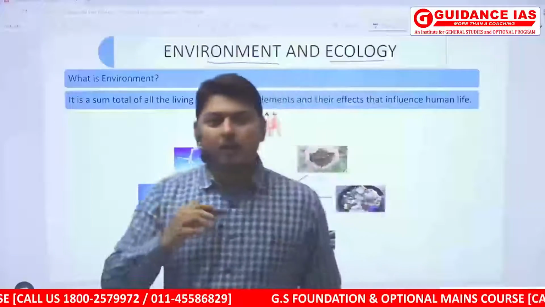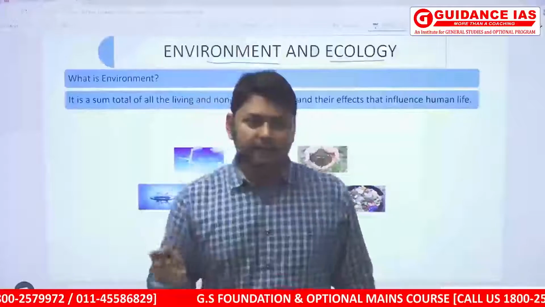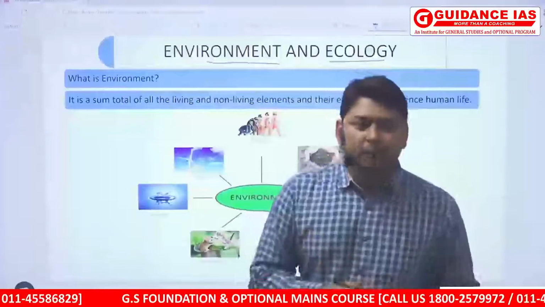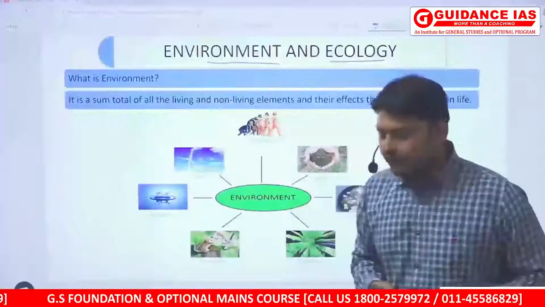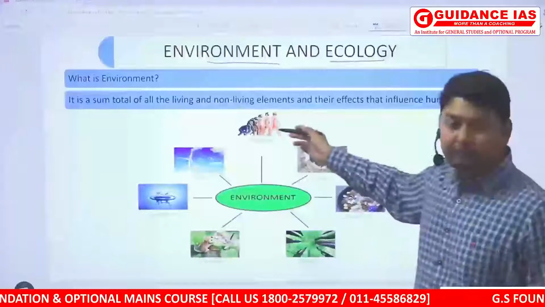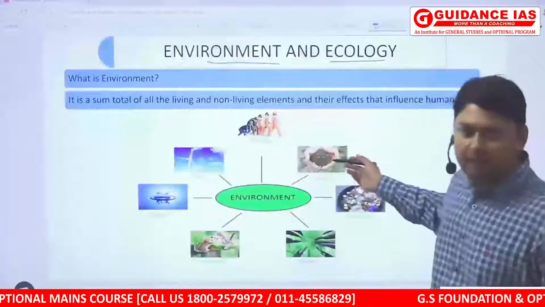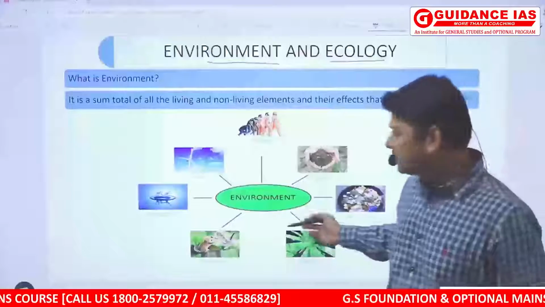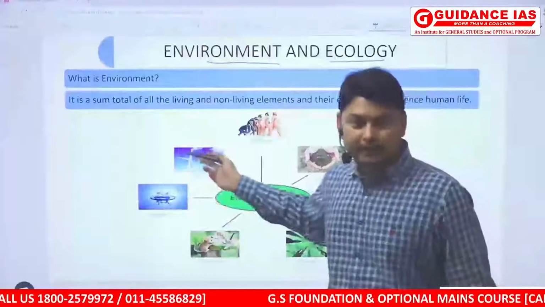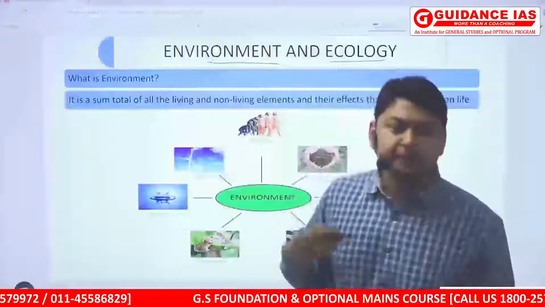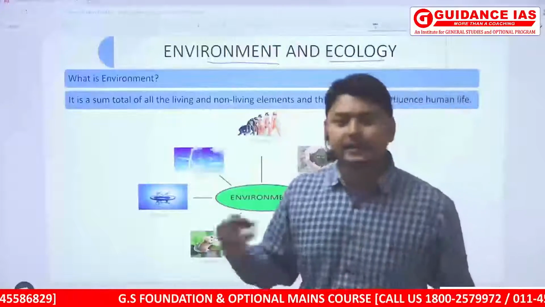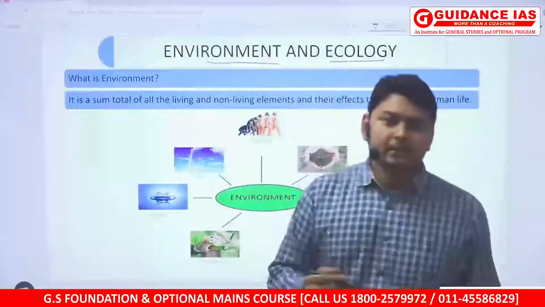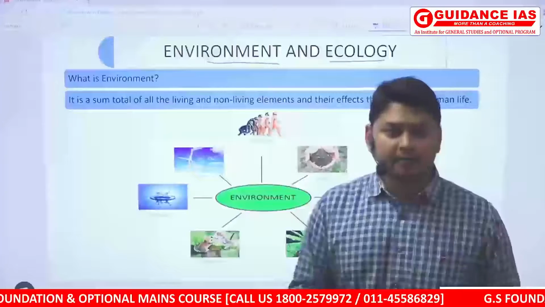All these things come in an environment. If I simply want to classify the aspects of environment, then it is human beings, that is us, then soil, minerals, plants, animals, water, air, sunlight, temperature, pressure, etc. So there is a lot that our environment includes.